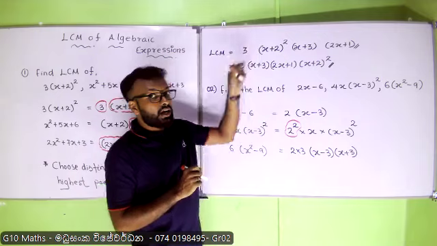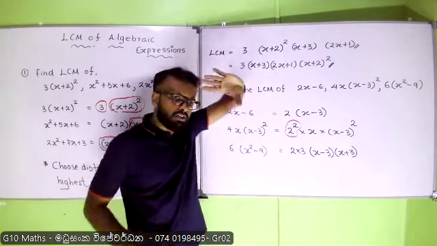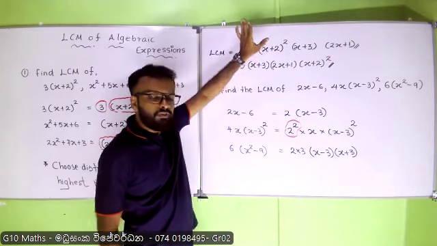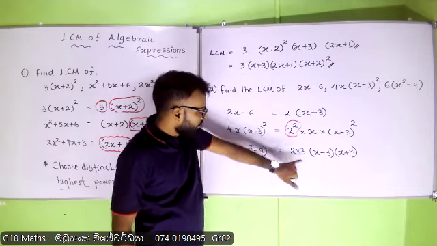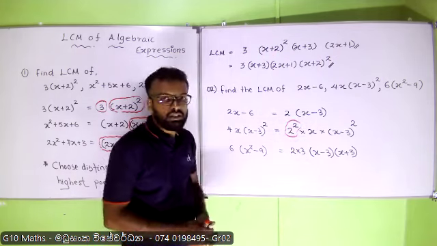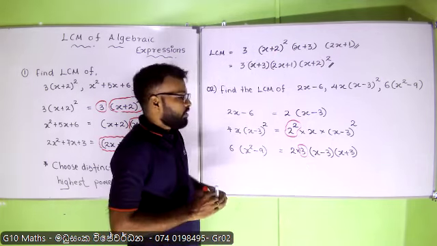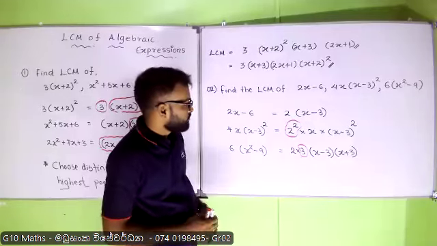Then 2 is done. Now, the story of 2 is over. Now 3. There are no other 3's. Only 3 is here, so we have to take it, 3 to the power 1.